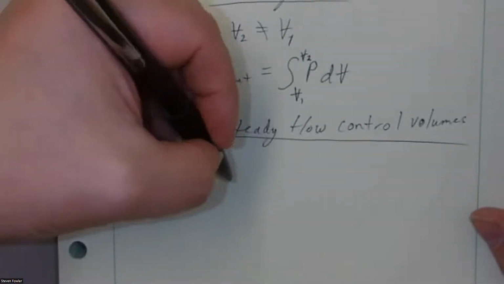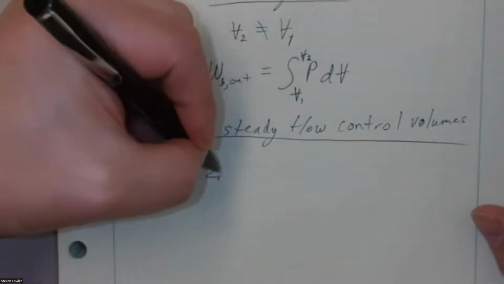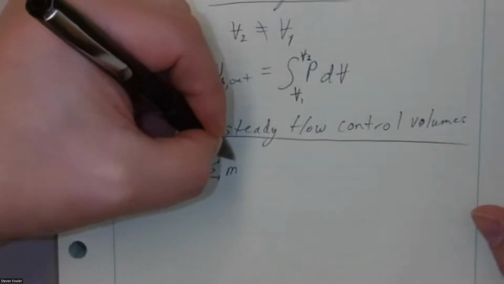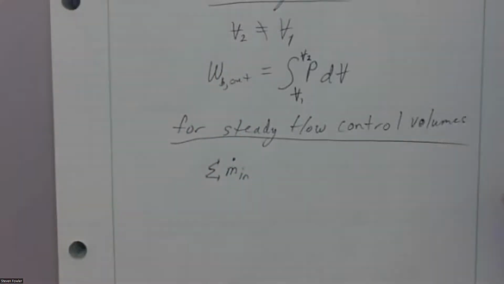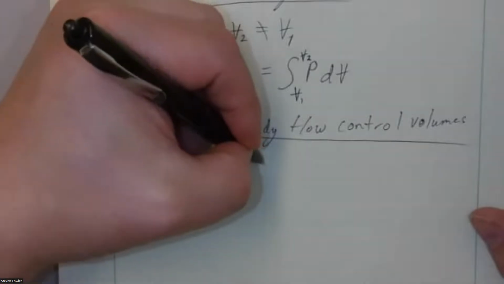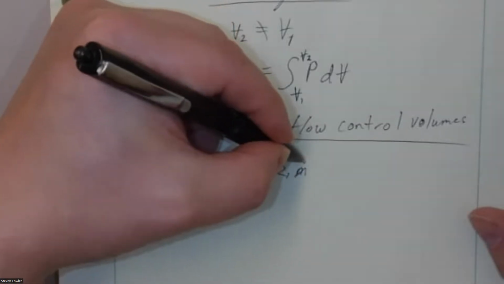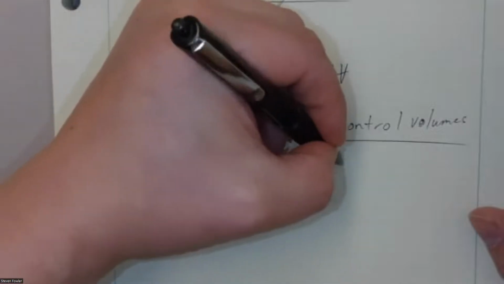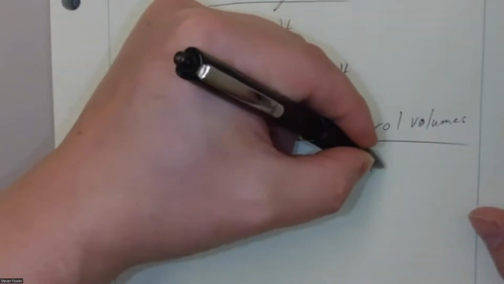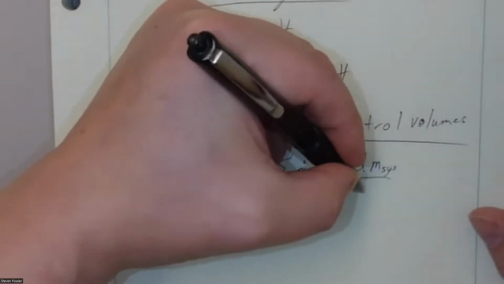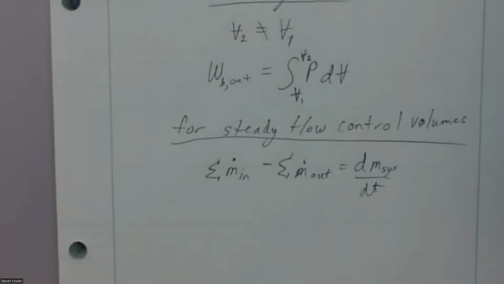Because I'm dealing with a control volume, that means mass can flow through, and I've also got to track the mass because the mass has to be conserved. So the total rate at which mass comes in minus the total rate at which mass goes out is equal to the total mass change for my system with respect to time, dm dt.